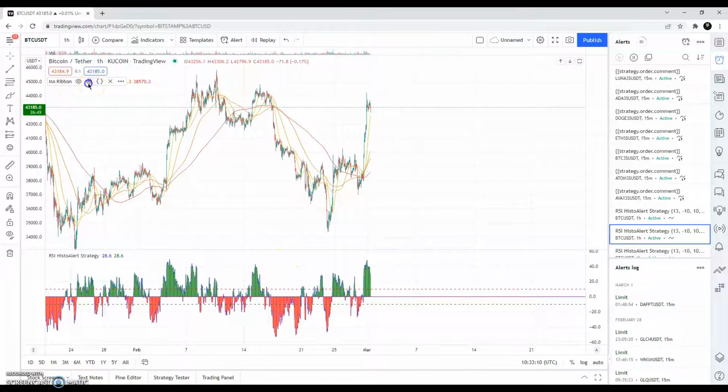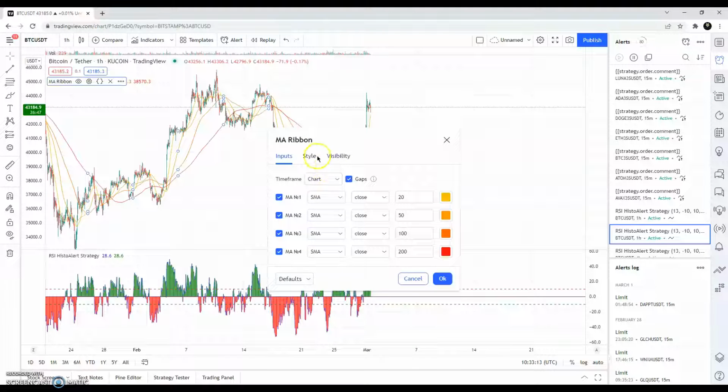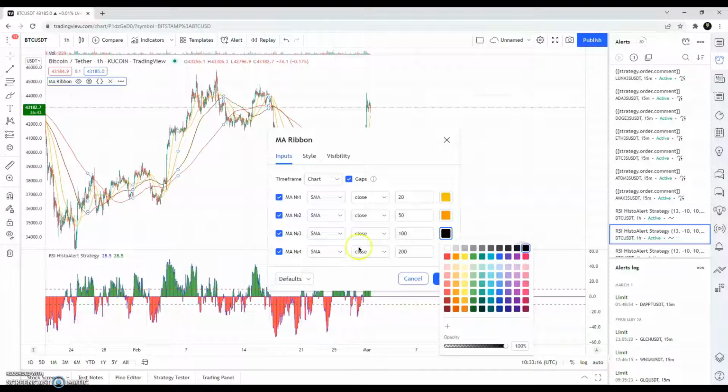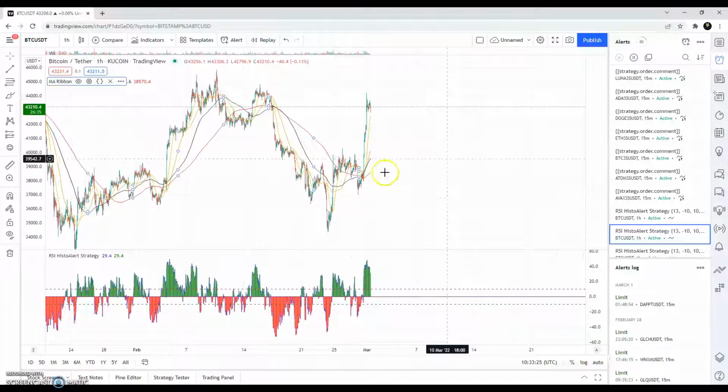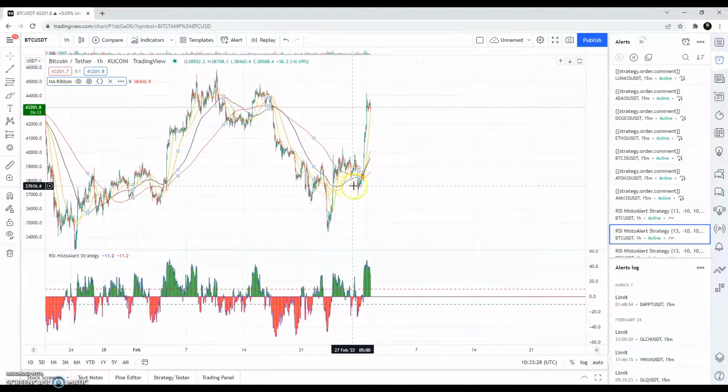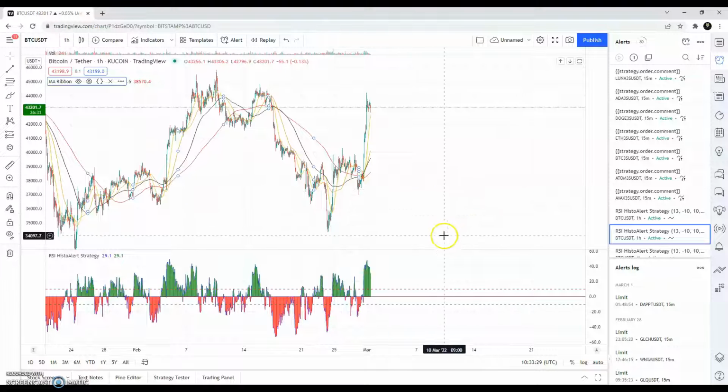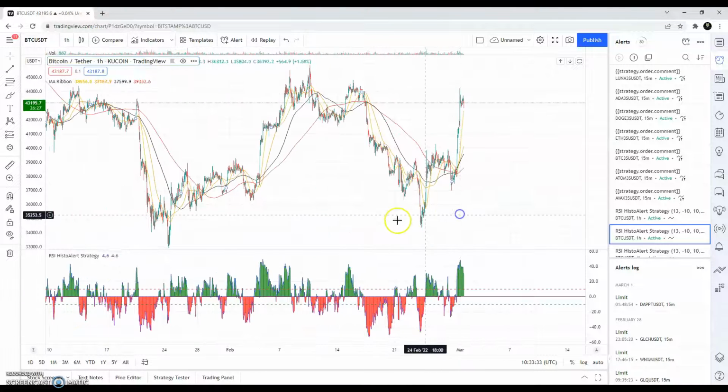For the MA ribbon, we're going to be just changing this third MA, the MA number 3. I'm going to change it to color black so it's more visible. That's the main one we're going to be looking at for this, okay? So, here we go.